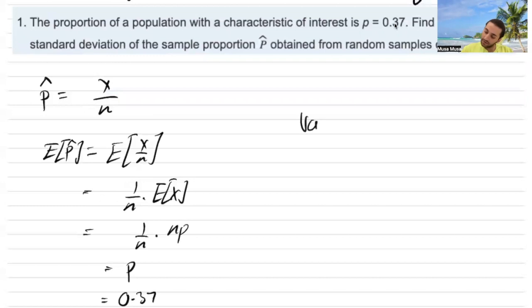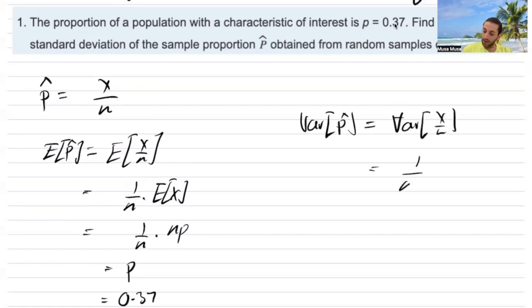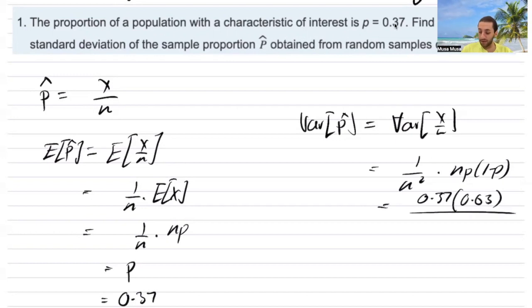And then the variance of P hat equals the variance of X on N, which is 1 on N squared times NP(1 minus P), which is, and then 0.37 times 1 minus 0.37, which is 0.63, over N, which is 1600.